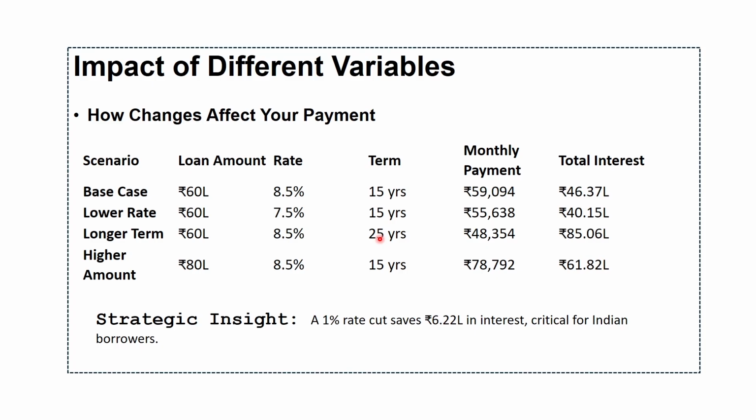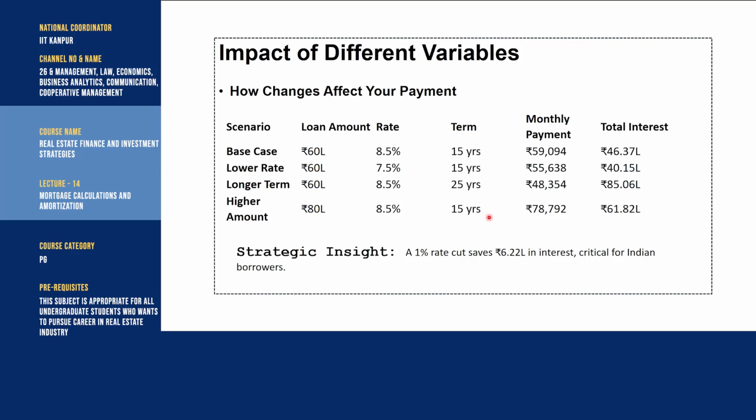Then we have another scenario where we go for an 80 lakh loan, payment rises to 78,792 and interest to 61.82 lakhs. These variations highlight strategic choices like negotiating a 7.5% rate with SBI.